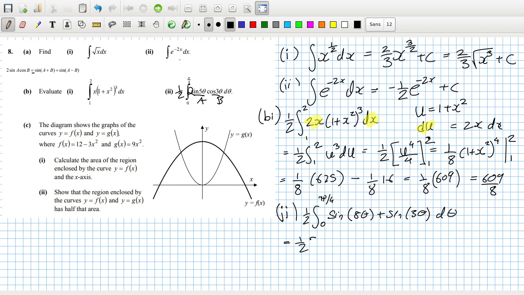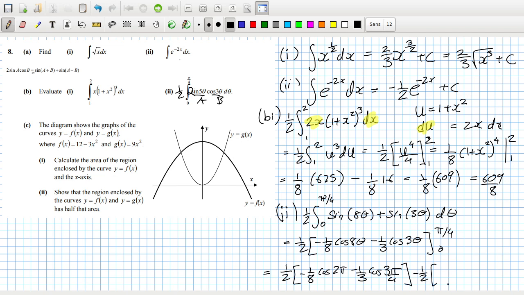So that's going to be a half of minus 1/8 cos 8 theta minus 1/3 cos 3 theta, 0 to pi over 4. So if I put in the pi over 4, that's minus 1/8 cos 2 pi minus 1/3 cos 3 pi over 4. And then if I put in 0, cos 0 is 1, so that's minus 1/8 minus 1/3.